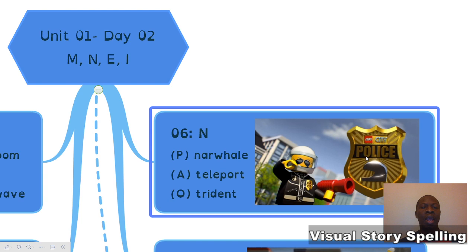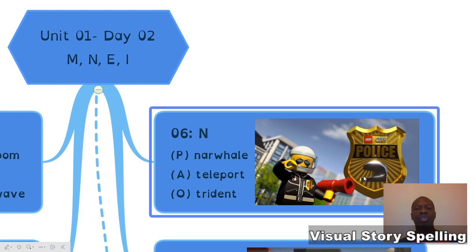I've also done the same thing for N, which is Narwhal teleporting and trident. Basically, an undersea creature called a narwhal has partially teleported inside of the shield. Half of his body is hung out from either side, and he's holding a trident.